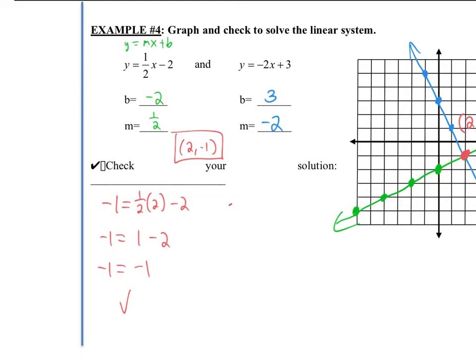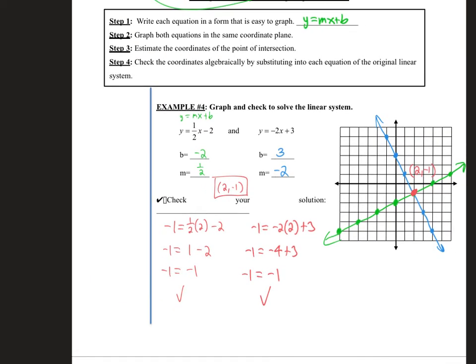Well, y is -1. -2 times our x, which is 2, plus 3. -2 times 2 is -4 plus 3. And -4 plus 3 is -1. So these both check out. So our solution is 2, -1.